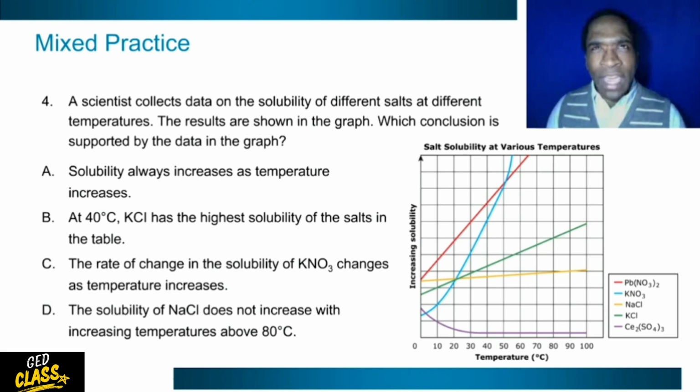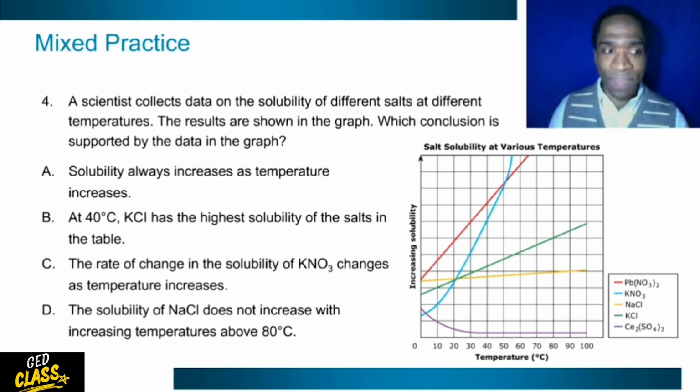So we need to ask ourselves, is that true? Because the question is, which conclusion is supported by the data in the graph? And the graph is going to tell us whether that's true or not. So in this case, we need to check answer choice A by asking, does every line in the graph go up to the right consistently?